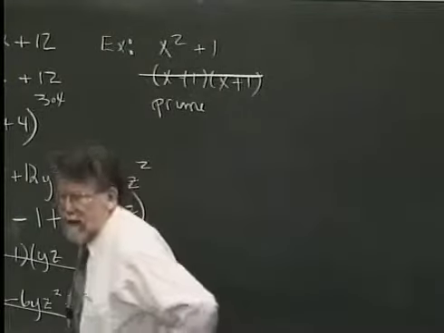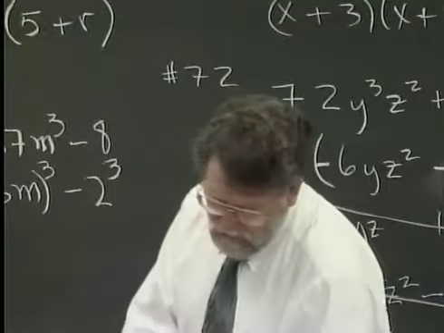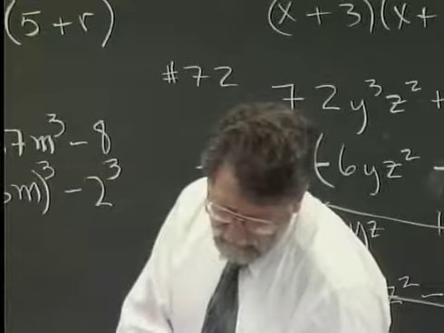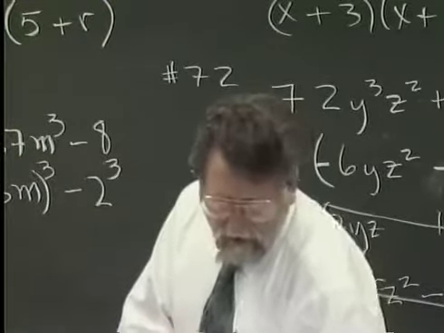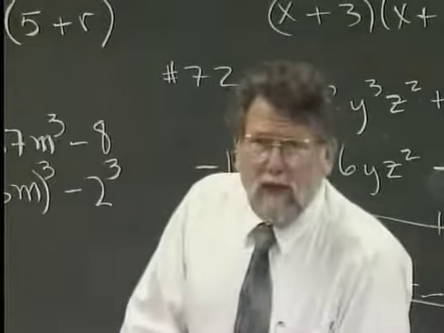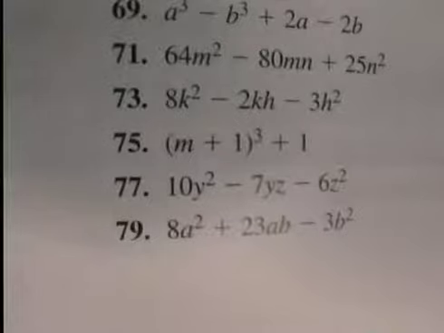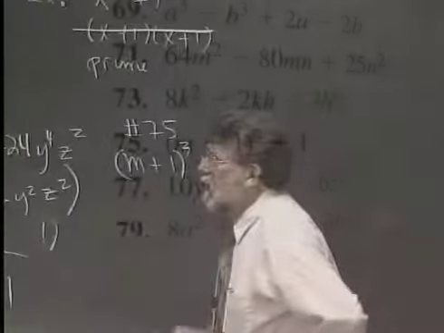Okay, back to my list. On my list, I have as another one 75. And I sort of like 75. This is one, as we look at the problem now, you have to see as m plus 1 quantity cubed plus 1 cubed. So number 75 is m plus 1 quantity to the third plus 1 to the third.